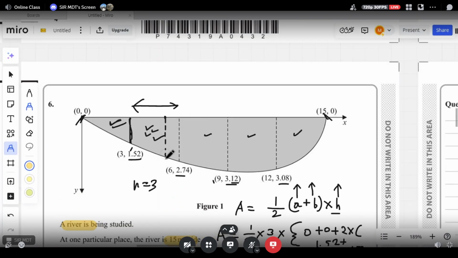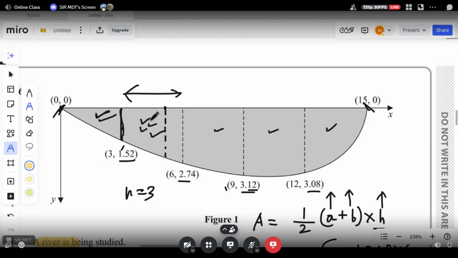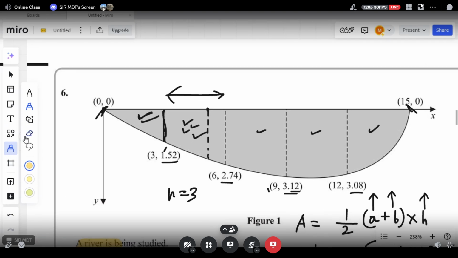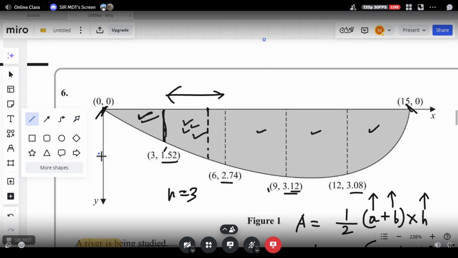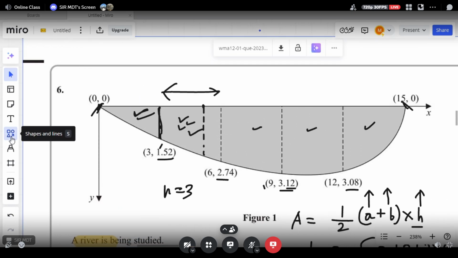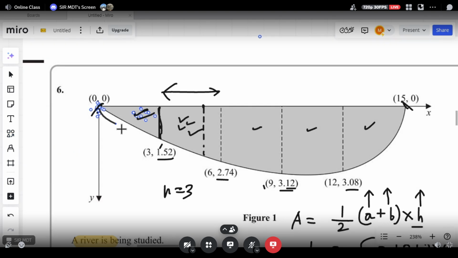If you see the diagram, let me show you using a straight line.